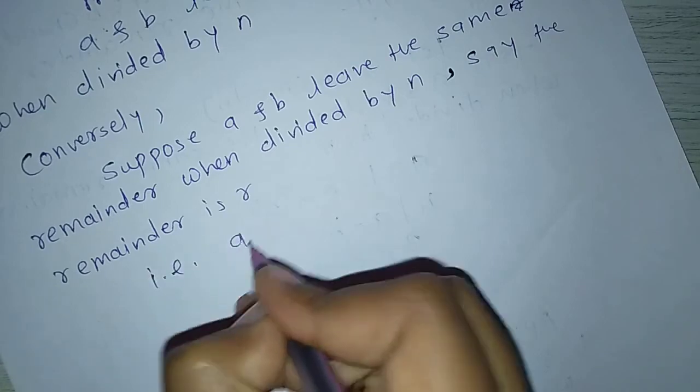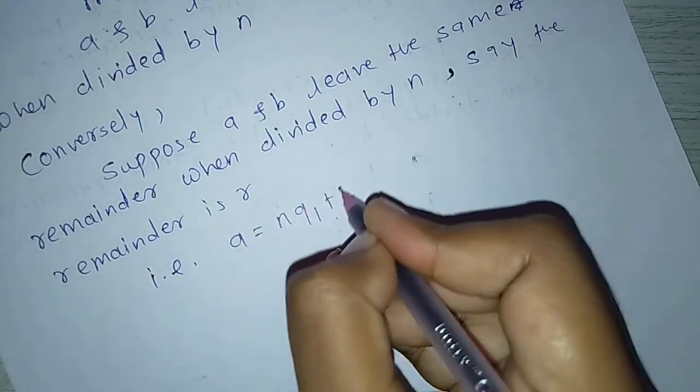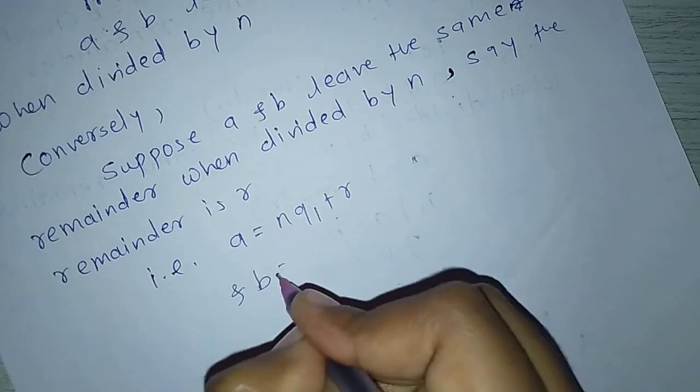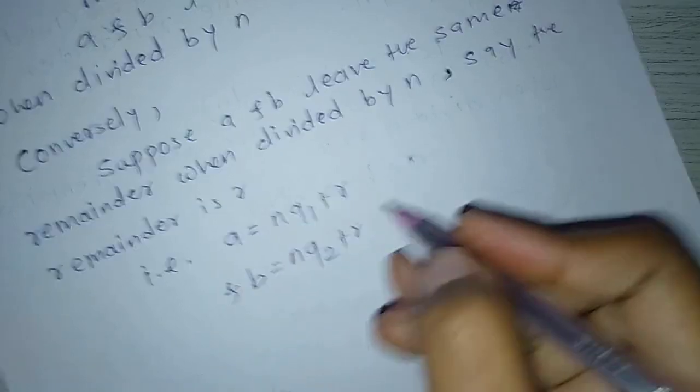That is, a equal to nq1 plus r and b equal to nq2 plus r.